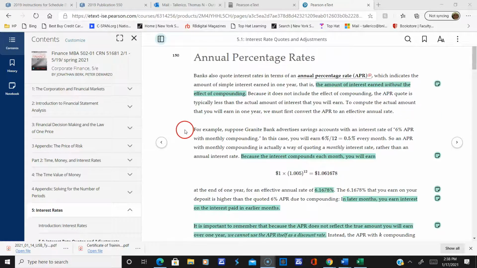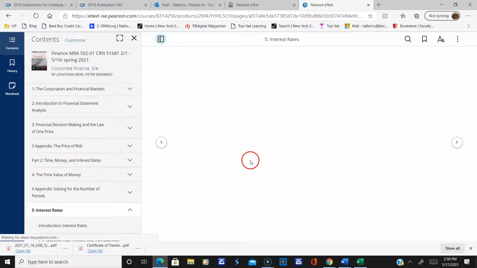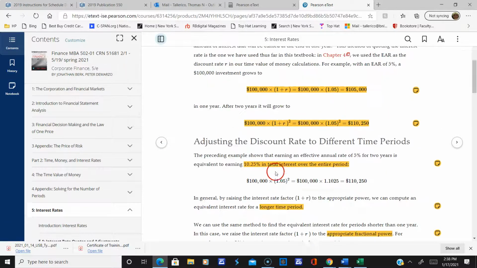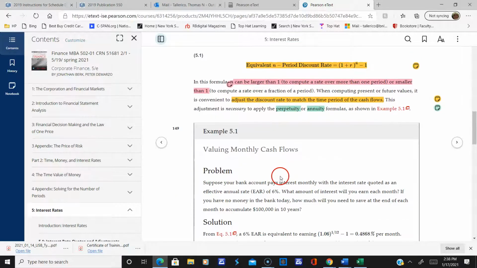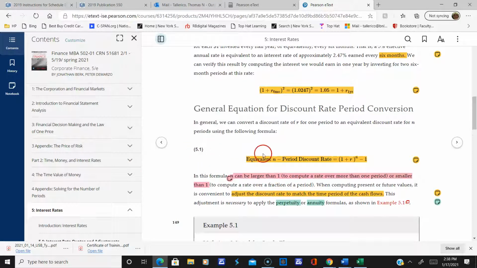Just give me 1 second. I think I've got to go back a little bit. I've got to go right to here, right? Equivalent n-period discount rate. So they put the 2.5% in there, right?